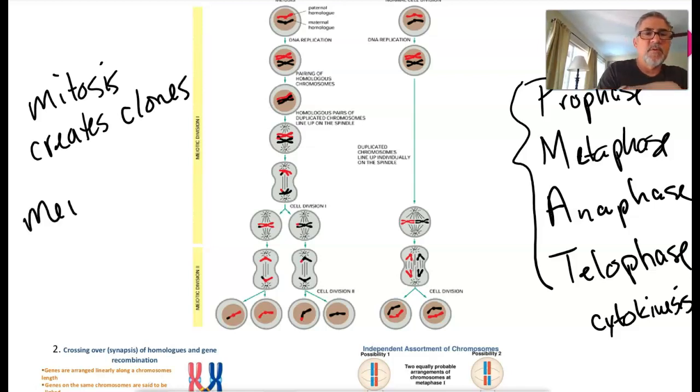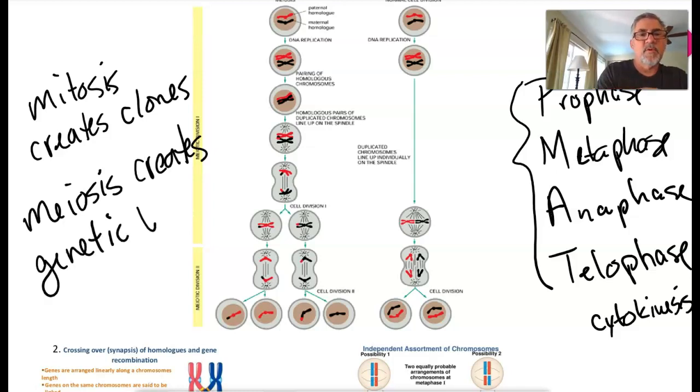Meiosis creates genetic variation. So that's the two big differences between them, right? So this creates clones, and this creates genetic variation.